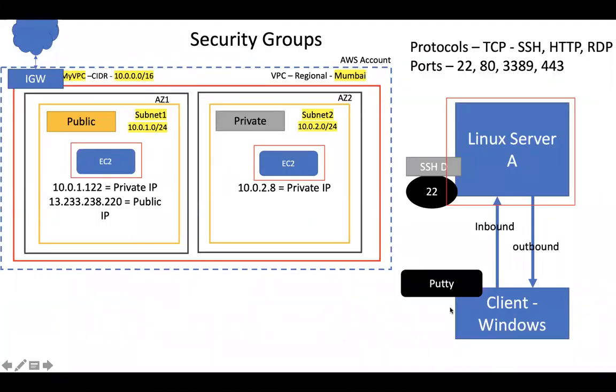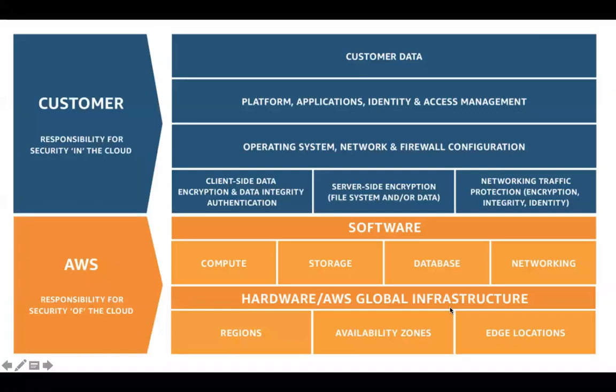Before that, a quick recap of the shared responsibility model: security of the cloud. The whole security of the entire cloud is AWS's responsibility, whereas security in the cloud is the customer's responsibility, correct? It's similar to a policeman's job.